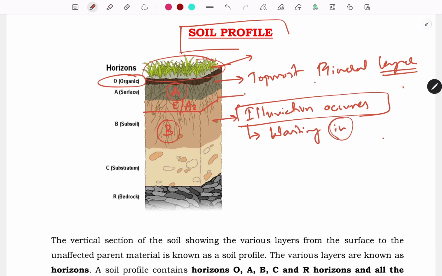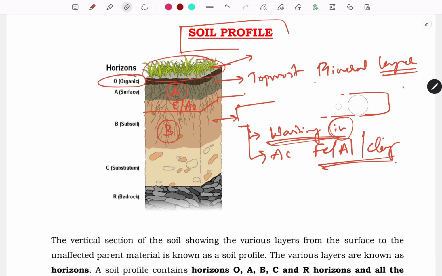The E layer is washing out, but the B layer is washing in, because whatever minerals are leaching come into this layer. That's why it is called the illuvial or washing in layer. Here we can see the accumulation of iron, aluminium or clay.